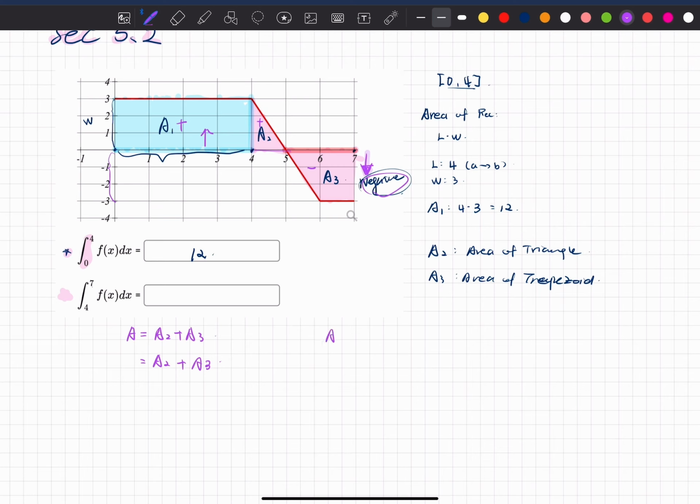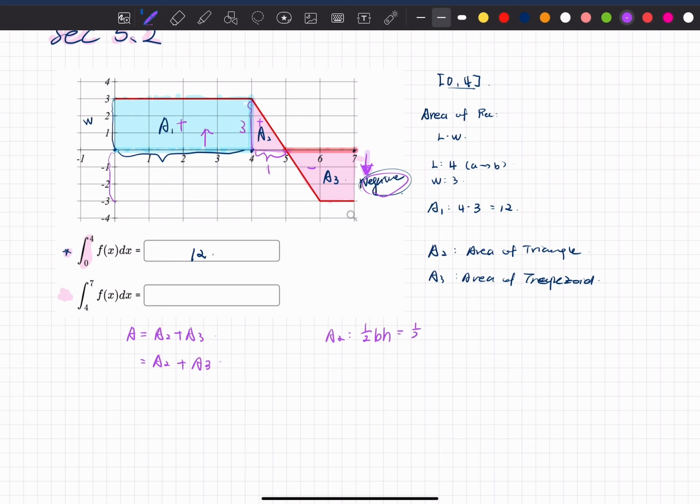For A2, as we all know, the formula for the area of a triangle is half times base times height. From the graph, we can figure out that the base is 1 and the height is 3.